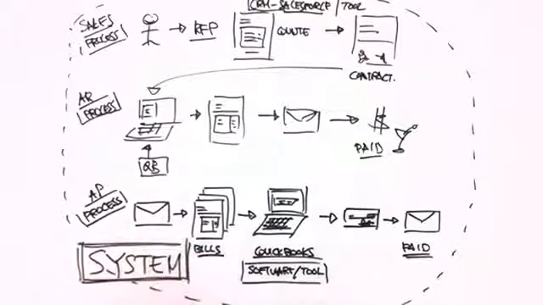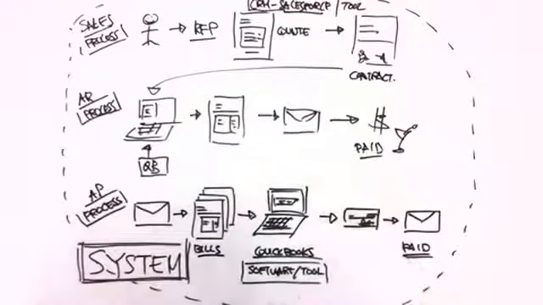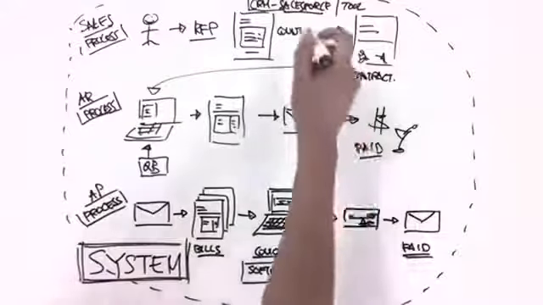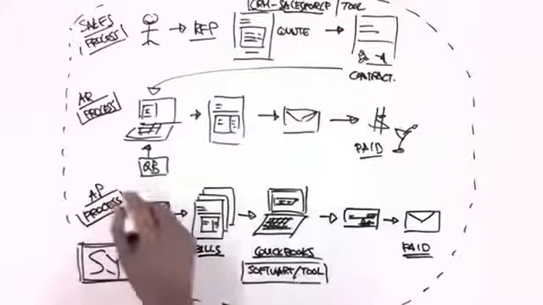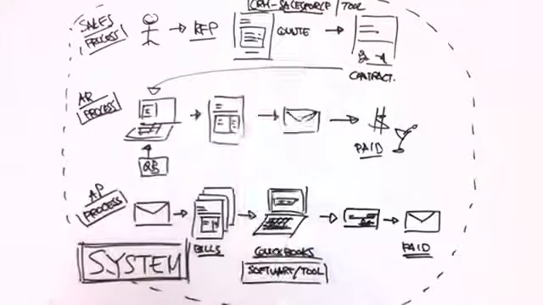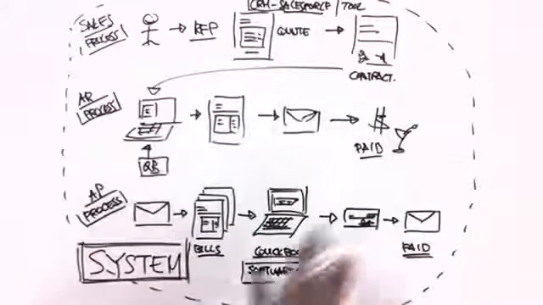So the whole idea that we're trying to communicate here, the whole story that we're trying to tell, is that you should really focus on thinking about the system, thinking about your business as a whole and how the system should look, developing each single process here, and then in the very end determining what kind of tools, for example, Salesforce and QuickBooks, fit into your processes and eventually the entire picture as a system.